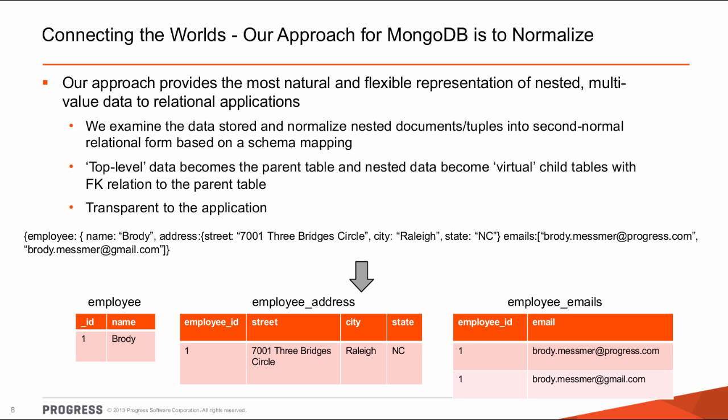Again, it looks very much like a relational consumer would expect to see. And equally importantly, this is where the power of this approach really begins to shine: nested arrays in a JSON document. In this case, the emails portion of this JSON document gets mapped into a separate virtual child table, employee emails, and array elements in that portion of the JSON document are now represented as rows.